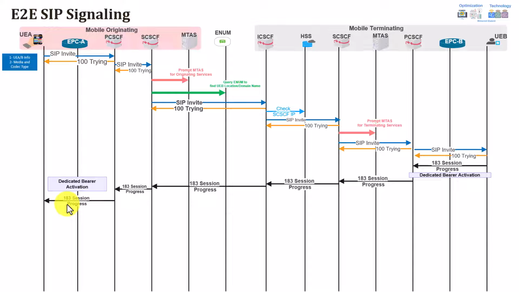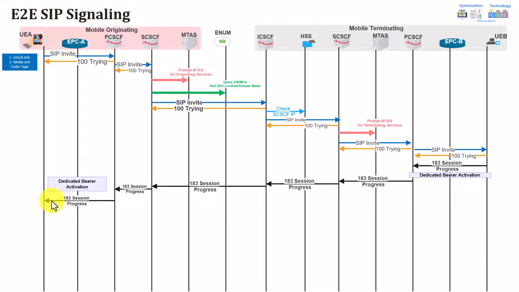So it will compare both the originating and terminating codecs and take the common one. For example, if both support super wideband, whatever the highest one is, it will be shared by both of them. The codec selected is usually the common one.